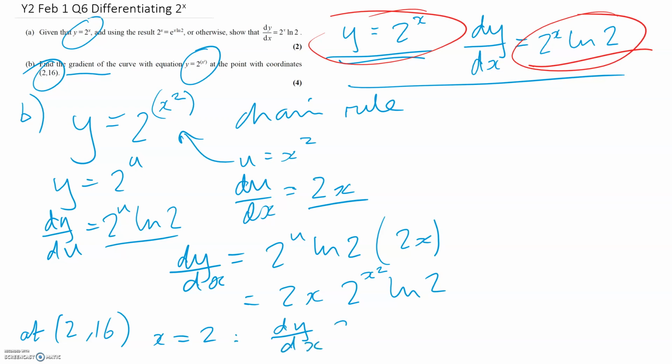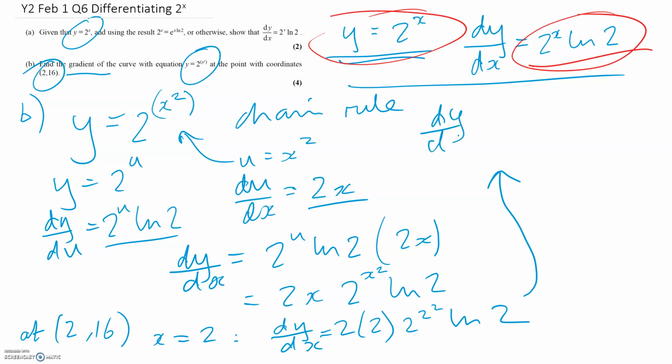So dy by dx is going to equal 2 times 2 times 2 to the 2 squared. A lot of 2's. I've never seen so many 2's before in one equation. Anyway, let's just sort out all these 2's, shall we? So 2 squared is 4, and then you've got 2 to the power of 4, so that will be 16.